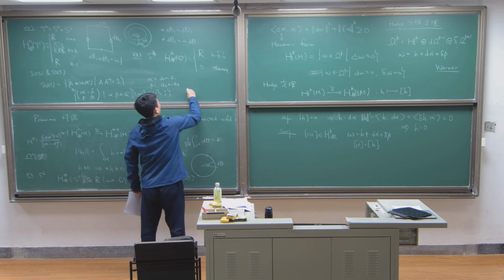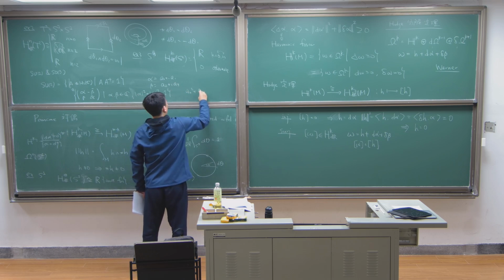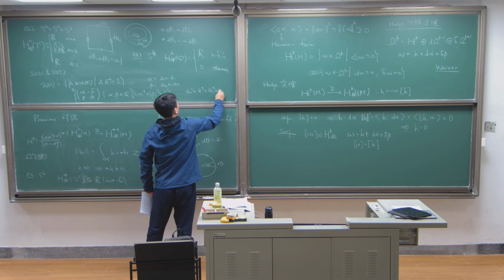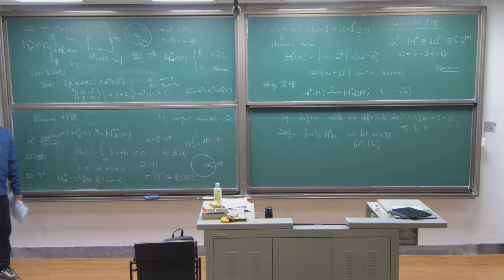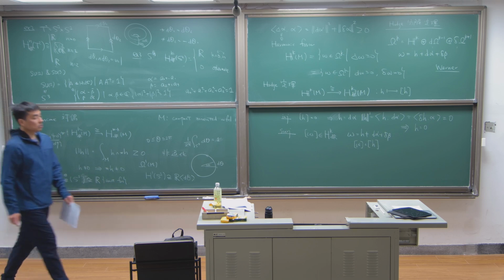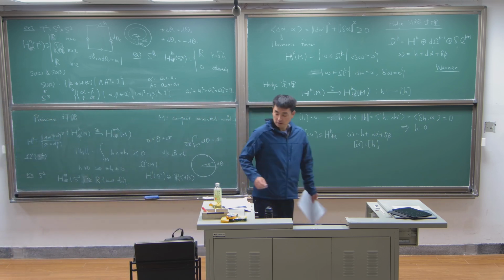Then this equation is A0 squared plus A1 squared plus A2 squared plus A3 squared is equal to 1. So as a manifold, SU2 is what? This is S3, the three-dimensional sphere.